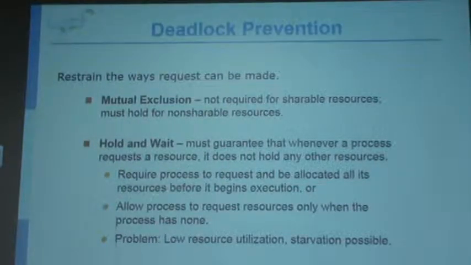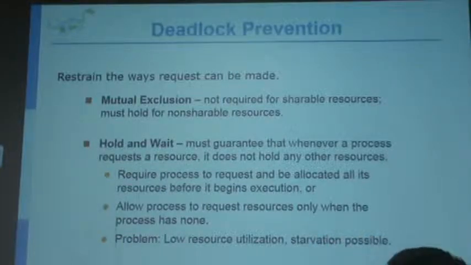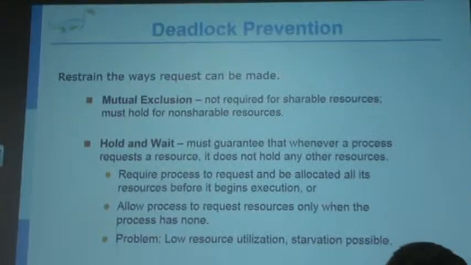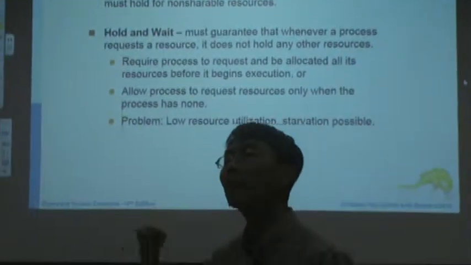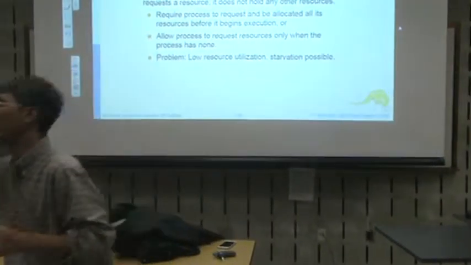What about hold and wait? If you break the hold and wait rule, it means the process cannot request a resource if the process is holding another resource, which means it should be processed one by one. So I get the resource, I read the data from the hard disk drive, then complete it and release, then get the next one.